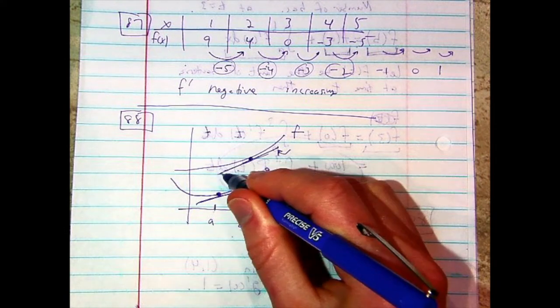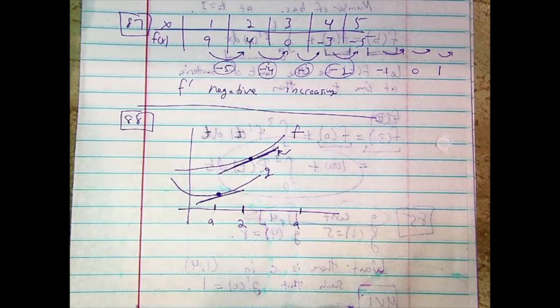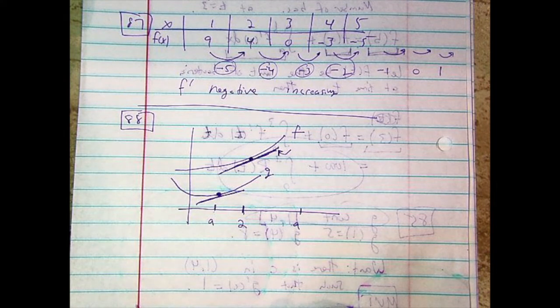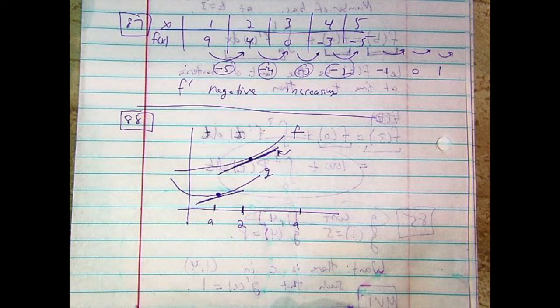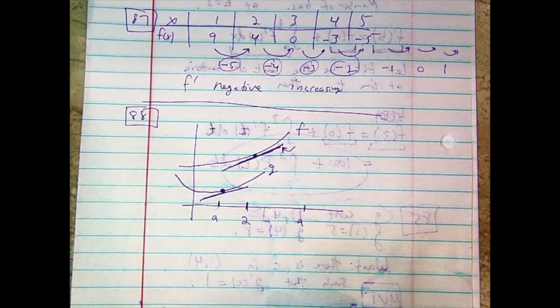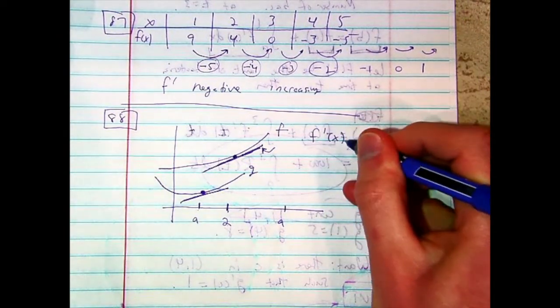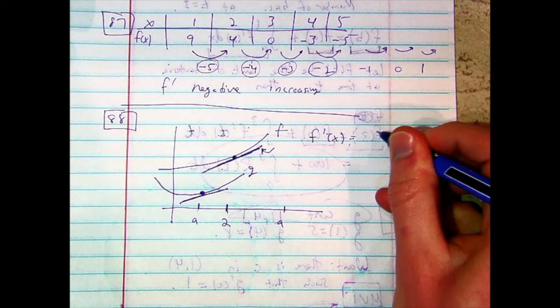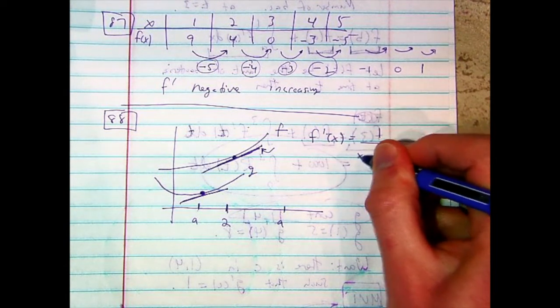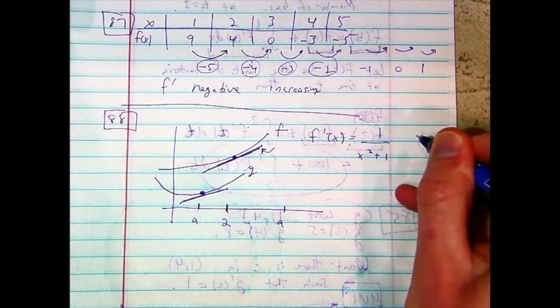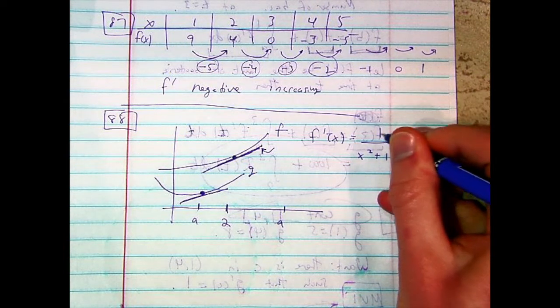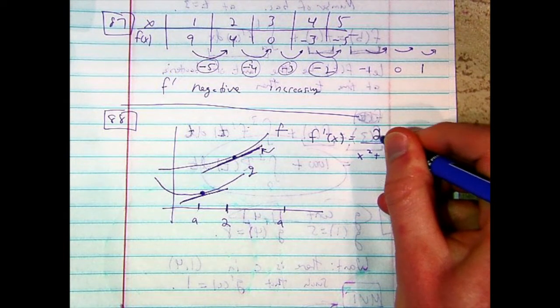So let's begin by finding the slope of this line, the line tangent to f at 2. That's going to be given by just the derivative of f evaluated at 2. So let's find the derivative of f. F prime is going to be 1 over x squared plus 1. Chain rule says multiply by the derivative of the inside function, which would be 2x.